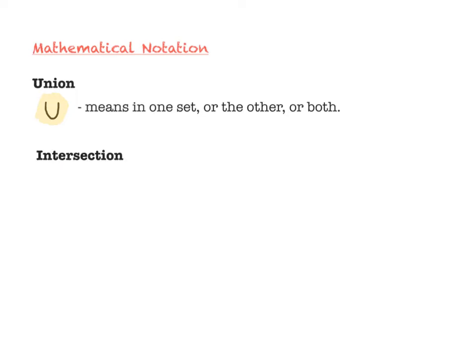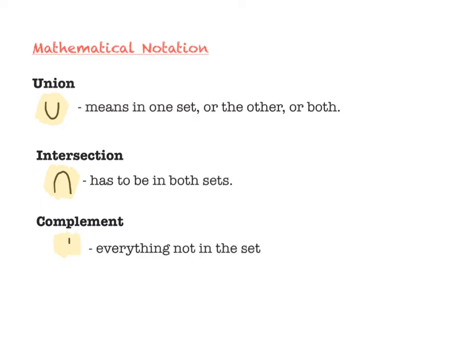The next is intersection, and it looks a little bit like an N. This means it has to be in both sets. Next is complement. It's a little dash next to a letter usually, or the set, and it means that it is not in it, so everything that is not in that set.